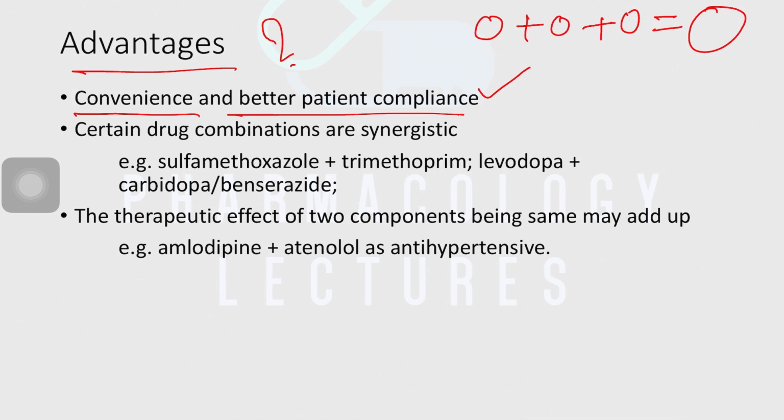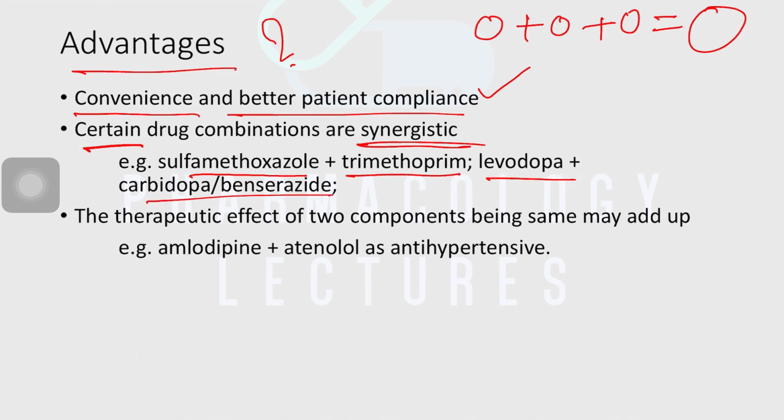Another advantage is that certain few combinations are synergistic also, and we have already discussed synergistic combinations in previous lectures, that some antimicrobials, for example, sulfamethoxazole and trimethoprim, are a very famous combination. These are 2 antibiotics, and combining these 2 is advantageous as it's a synergistic combination, so the effect increases, right?